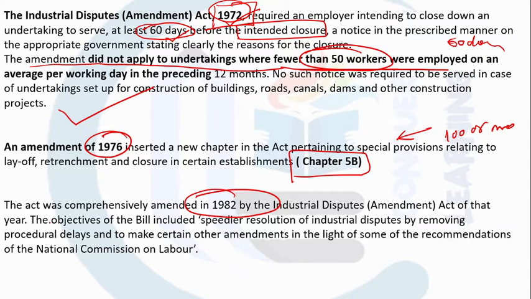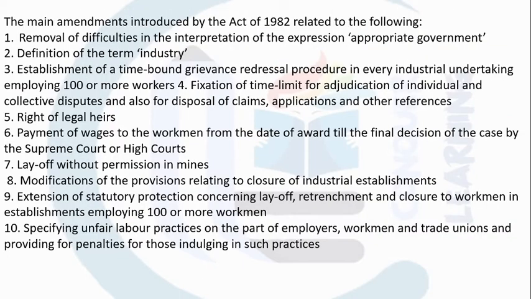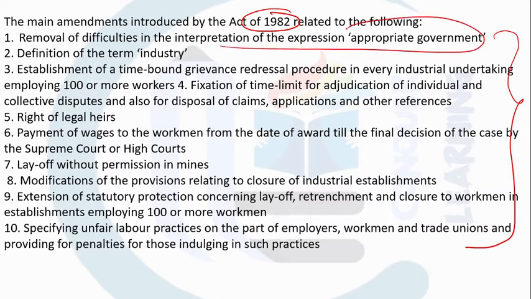1982 provided the objective bill for speedy resolution, as a result of the National Commission on Labour. So, speedy resolution of industrial disputes, removing the delays in procedure. 1982 had the following provisions: removal of difficulties in interpretation of appropriate government.